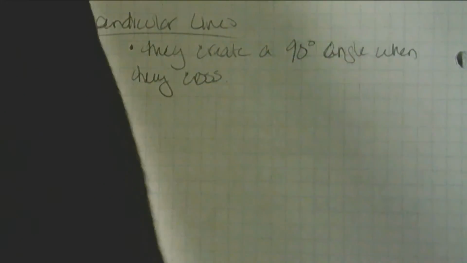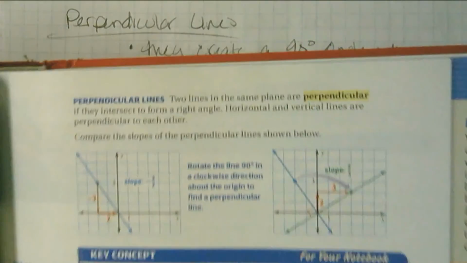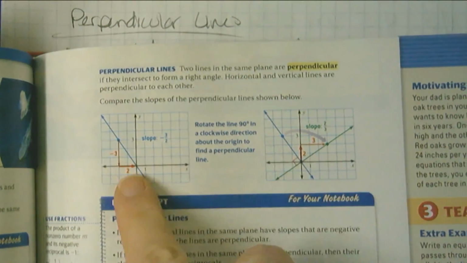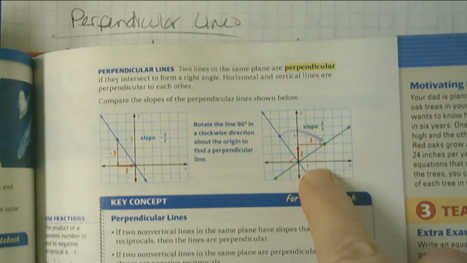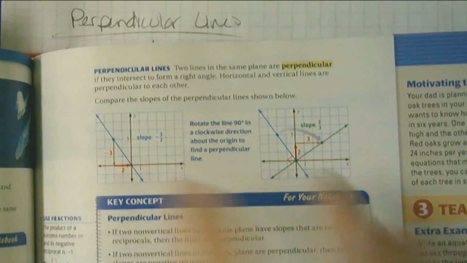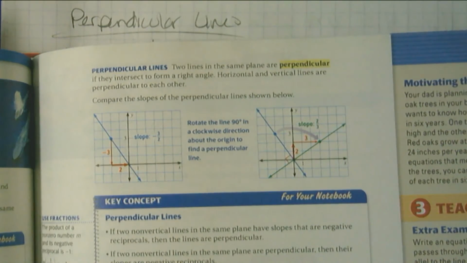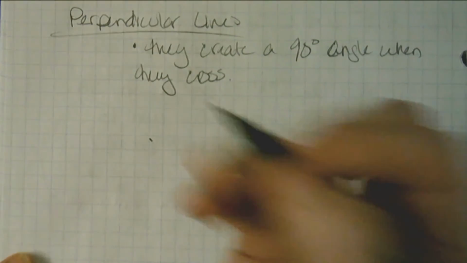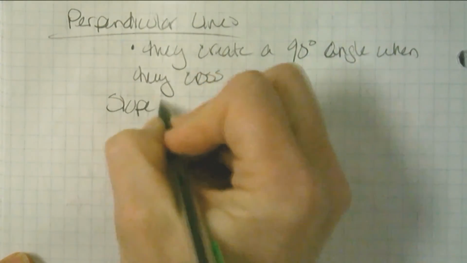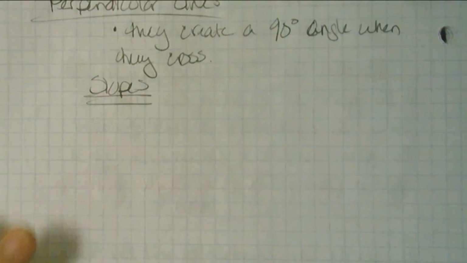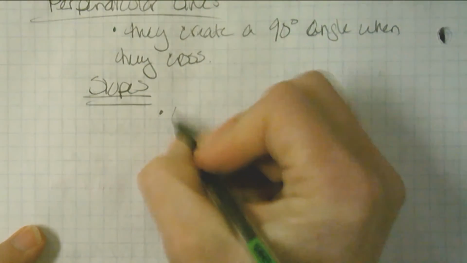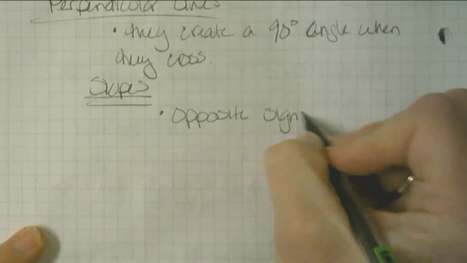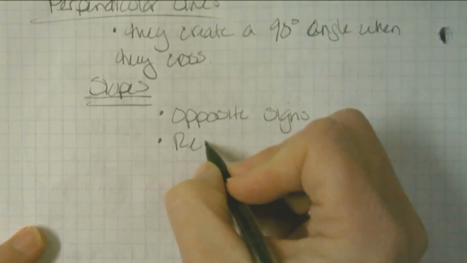Now, in your book, this is what they look like. If I have this line and then a perpendicular line, where they intersect it creates a 90-degree angle, and their slopes are not parallel. Their slopes are not the same, but I need to know what their slopes are. Their slopes are opposite signs, and they're reciprocals.